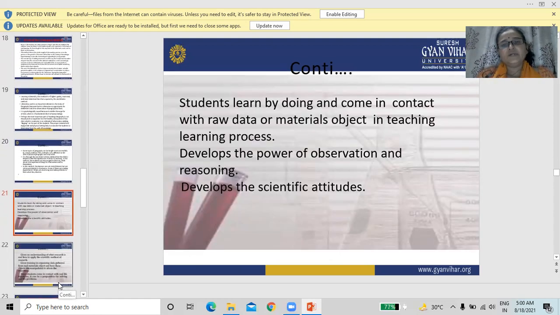Students learn by doing and come in contact with raw materials and objects in the teaching learning process.